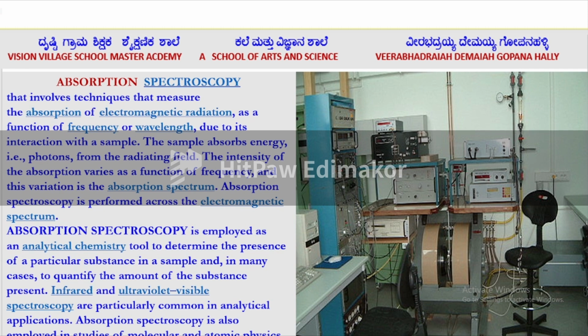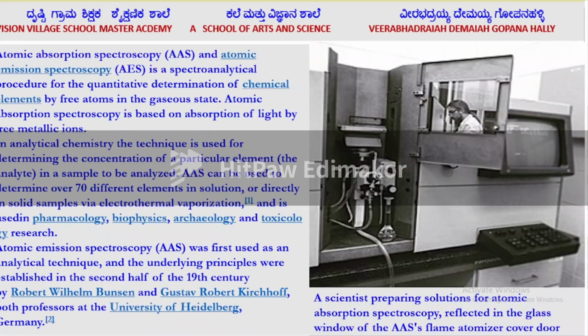I have experience with many instruments like the atomic absorption spectrometer, ICP-MS, the Jarrell mass spectrograph, and many others. Well, atomic absorption spectroscopy, AAS. In analytical chemistry, the technique is used for determining the concentration of a particular element. It is used as an analytical technique.